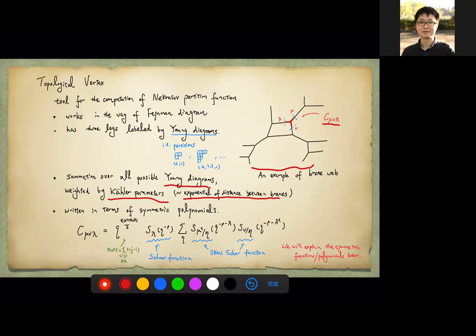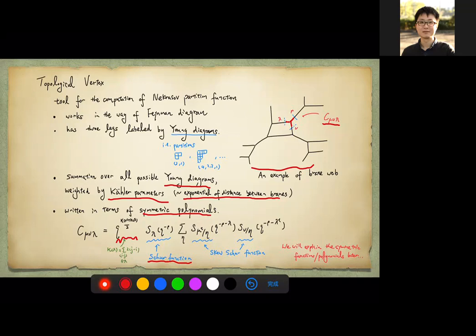It can be written in terms of symmetric polynomials, and in the unrefined case we consider here, it is completely written in Schur functions and skew Schur functions, and it's very easy to compute the topological vertex itself. We also have a little weight in front of the vertex.